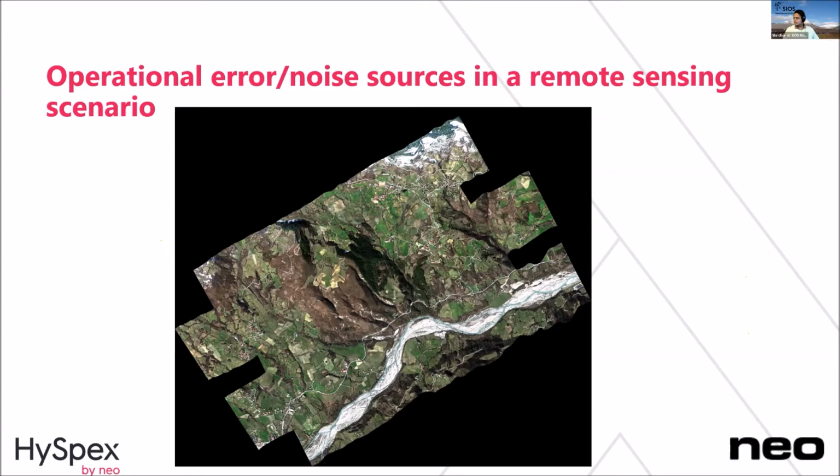Yes, and one more question in the chat box: what flight precautions are generally taken to avoid any physical distortion to the onboard sensor? What kind of precautions do you take when you are conducting flights, also to avoid some physical distortion in the sensor?